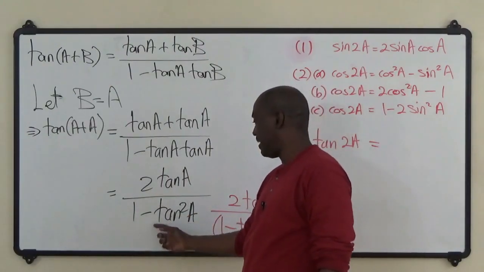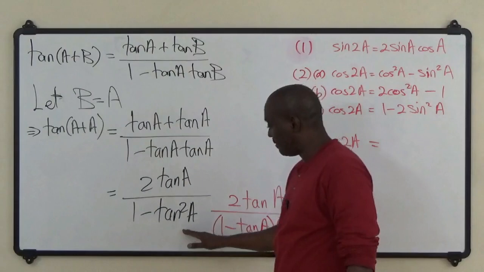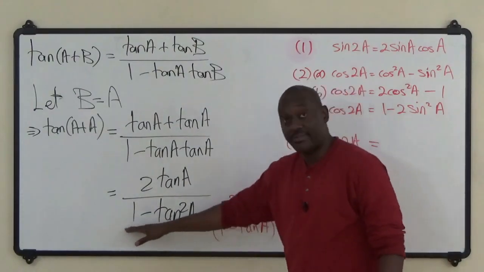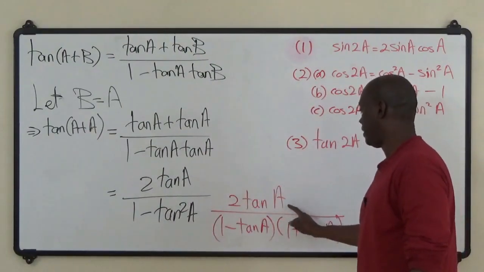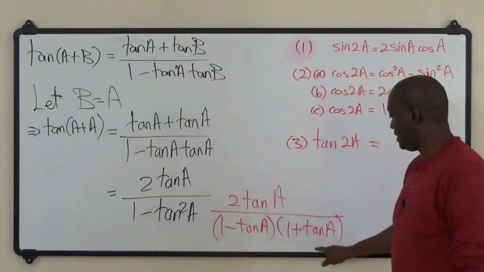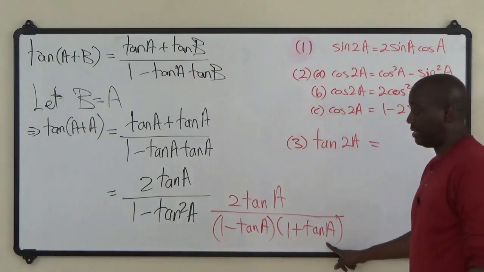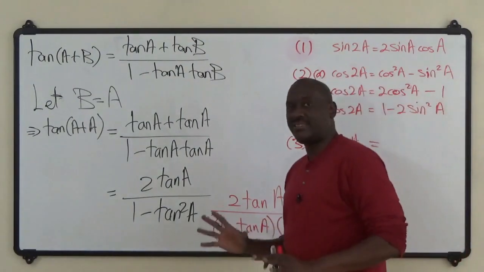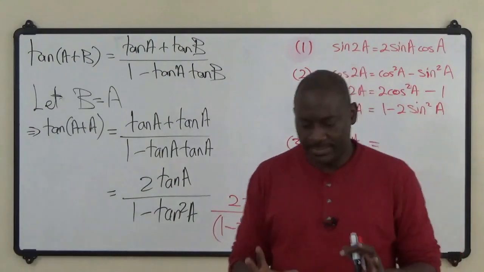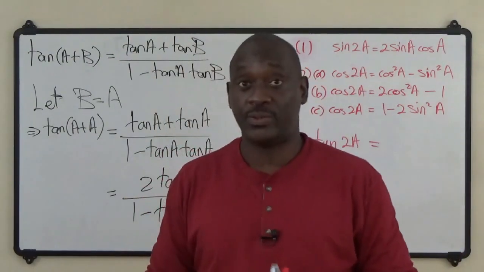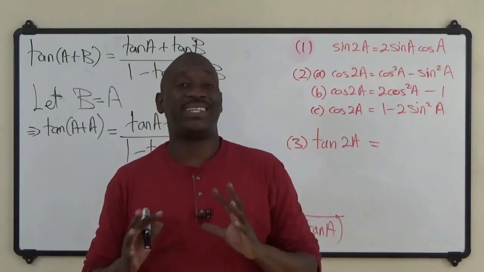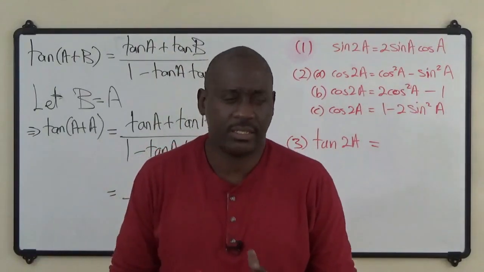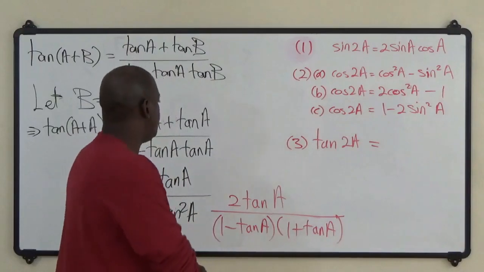And once you get here, the next step now would be to recognize this as a difference of 2 squares and get that tan of 2A is equal to 2 tan A over 1 minus tan A into 1 plus tan A. So in these things, always keep your eye open for the difference of 2 squares, because it shows up a lot more frequently than you realize.